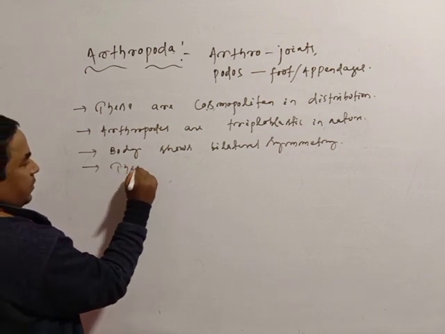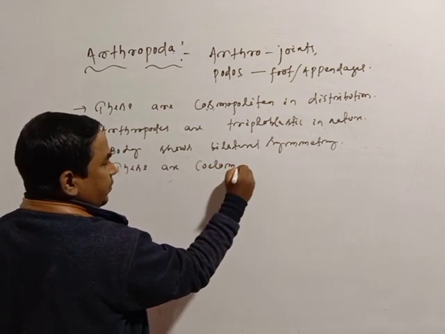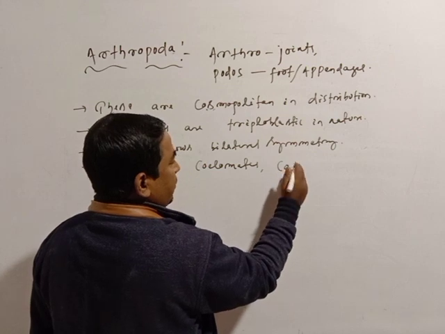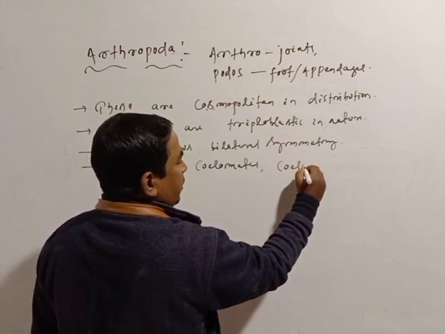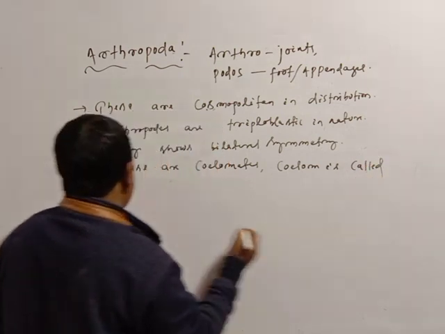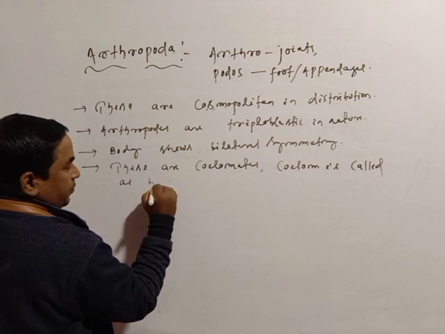Next, these are coelomates. Coelom is called hemocoelom.